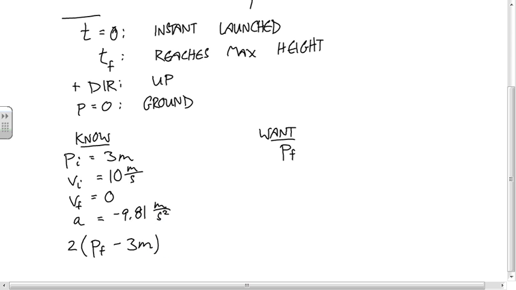Oh, and I missed the acceleration. So 2 times negative 9.81 meters per second squared times pf minus 3 meters is equal to v final squared minus v initial squared.